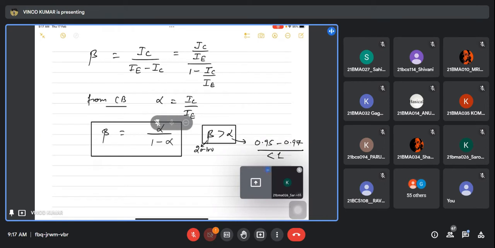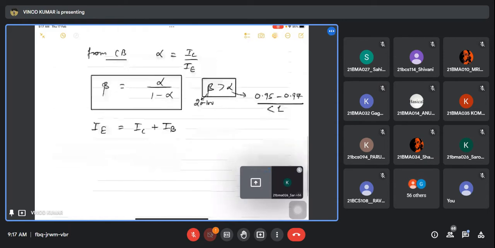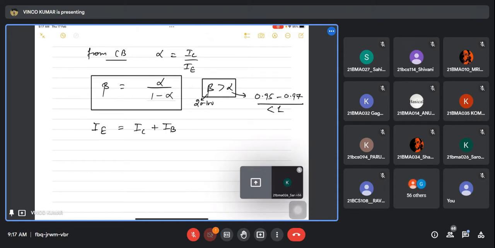Okay, so as we know, IE is equal to IC plus IB, right? And if I replace it, it is alpha of IE. We know IC is alpha of IB plus ICBO.